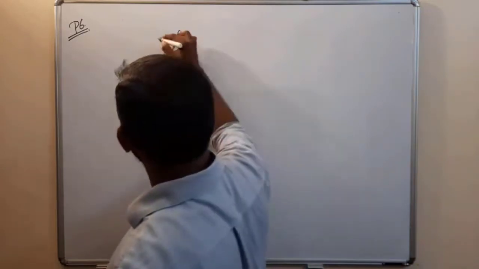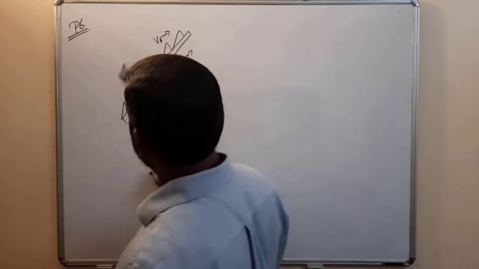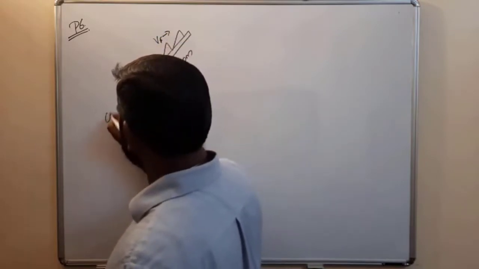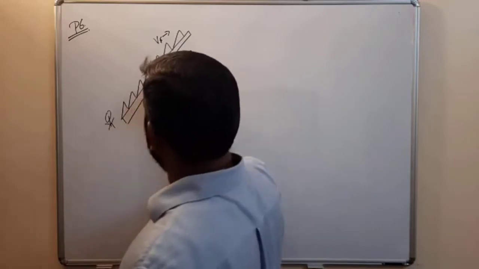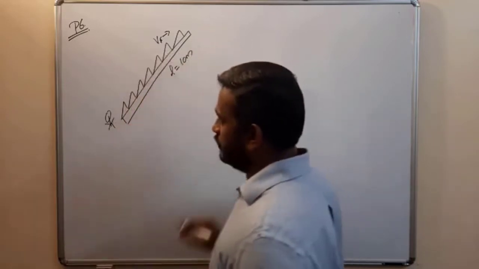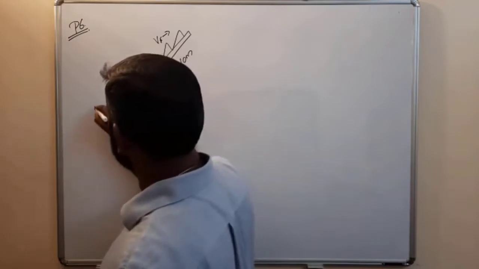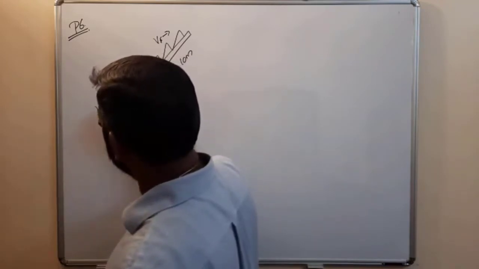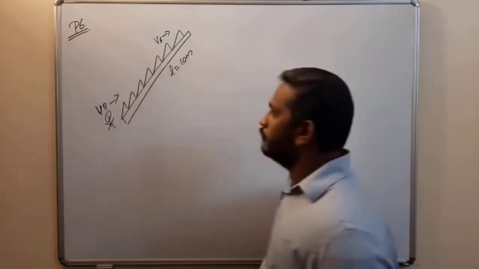The escalator is moving with the velocity V_E. There is one boy who is going through this escalator. Suppose V_B is the velocity of the boy.